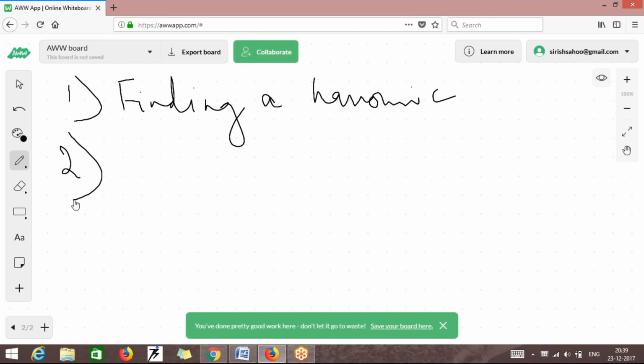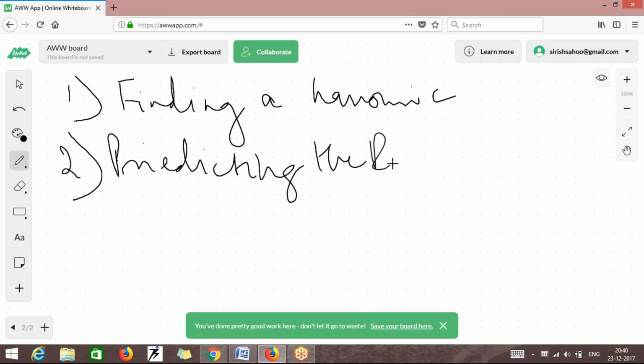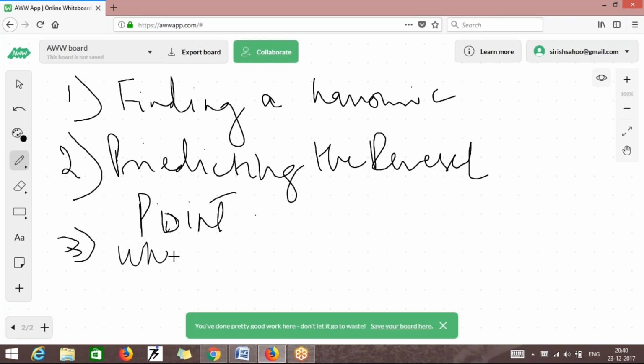The second is predicting the reversal point. So we need to calculate where exactly it could reverse. The third one is where to take the trade, where to make a trade.